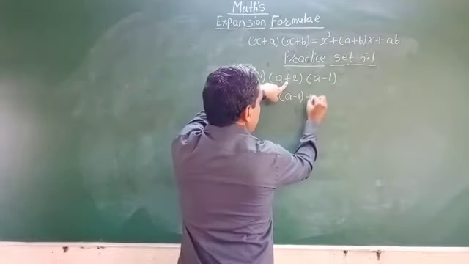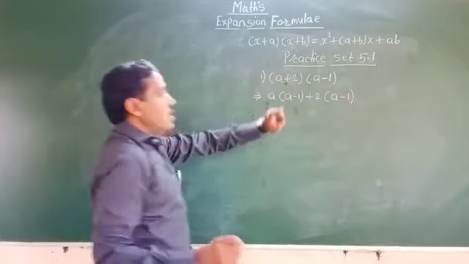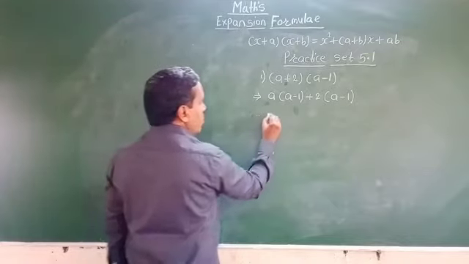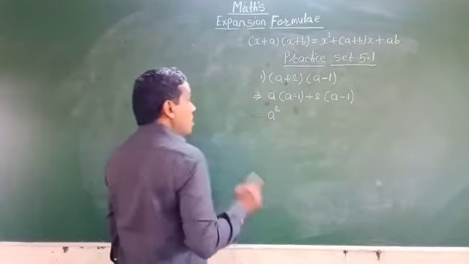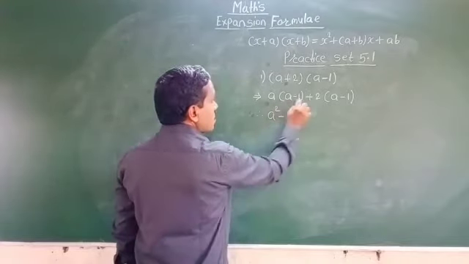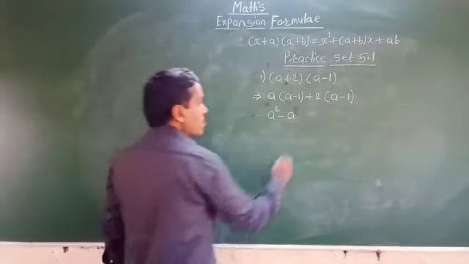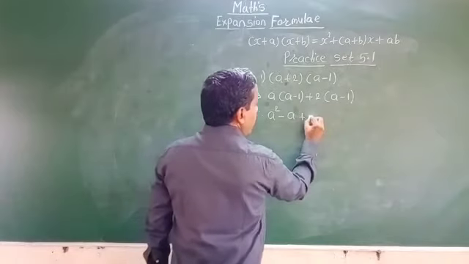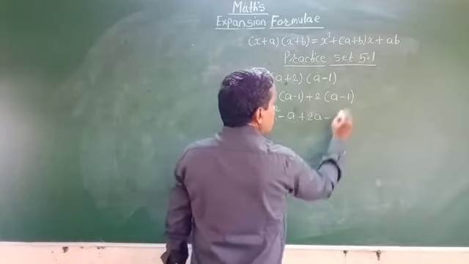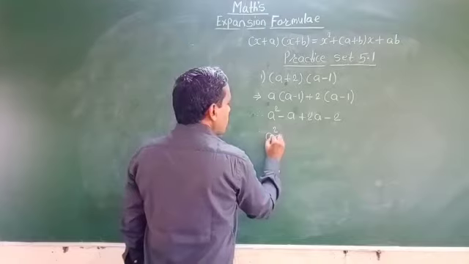Then plus 2 is multiplied with the second binomial a minus 1. Therefore a into a is a square, minus a into 1 is minus a, plus 2 into a is 2a, plus 2 into minus 1, that is minus 2. So a square.